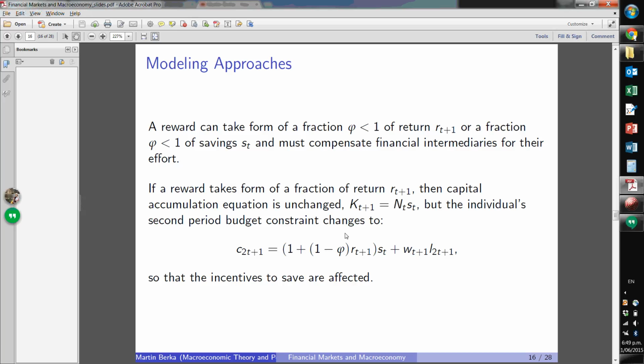So these are returns that are available to the consumers to consume, and therefore they have to take into account or subtract from the overall amount the costs of monitoring and screening, and that amount is just phi, so it has to be subtracted. So minus phi, times the interest payment times the amount of savings that we have saved.